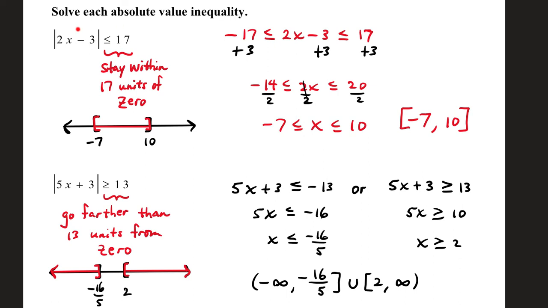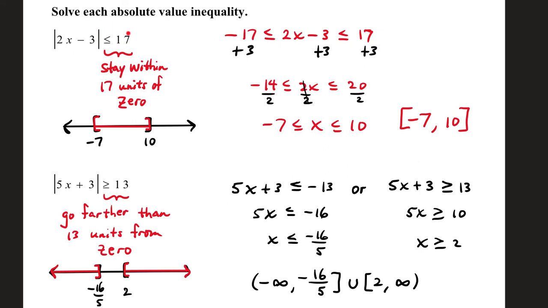When your distance from 0, and again, that's what absolute value measures, when this distance is less than or equal to 17 units from 0, you can only go left 17 units, and you can only go right 17 units. Anywhere in between is okay.